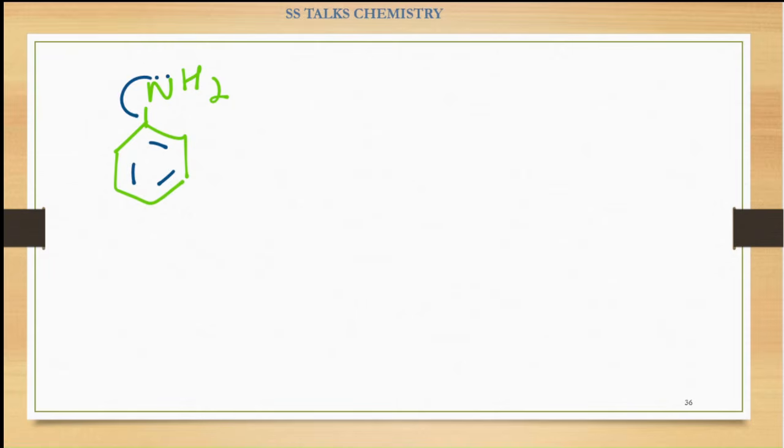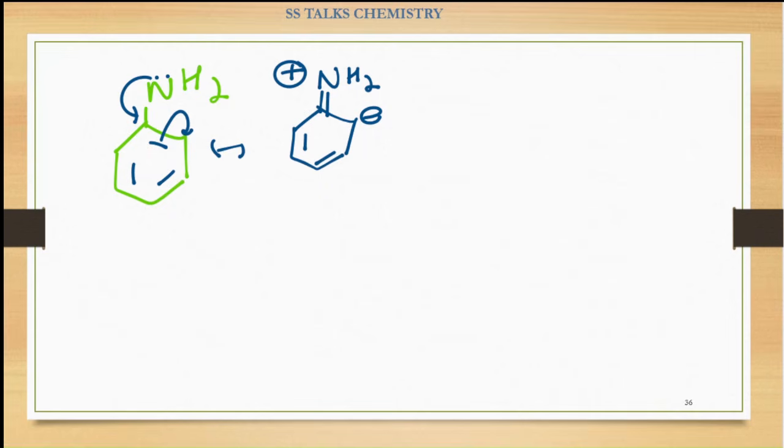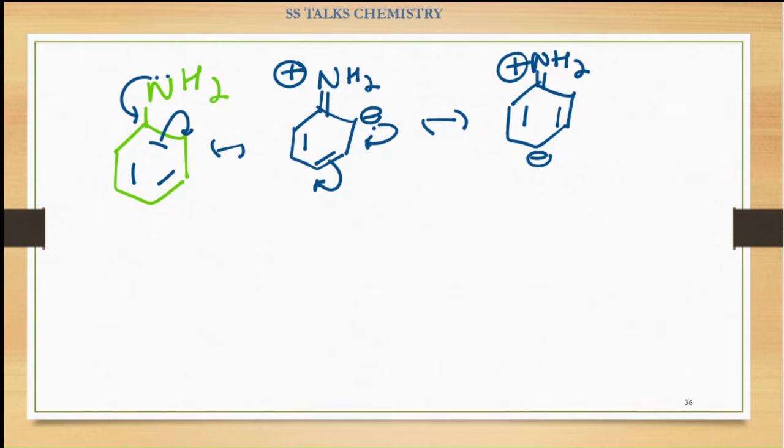This nitrogen containing the lone pair shifts electron density to the ortho position, so you get a negative charge there. That means the electrophile can preferentially attack at the ortho position, or further after resonance the negative charge comes at the para position. So this is what we were expecting. But in the acidic medium, what happens if it gets protonated?